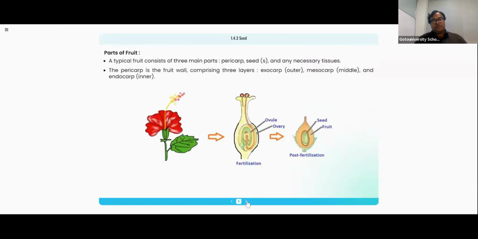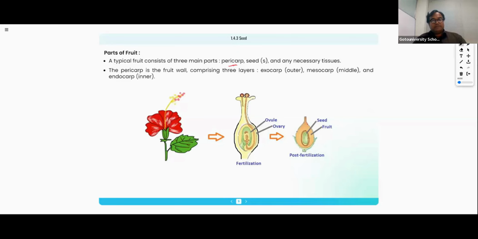If you're talking about the parts of the fruit, the pericarp, the word where we are saying exactly. So the pericarp is nothing but the fruit wall, right?